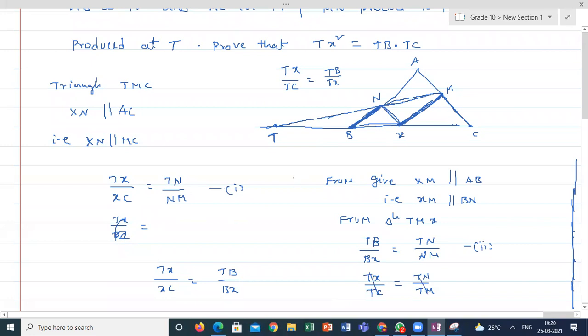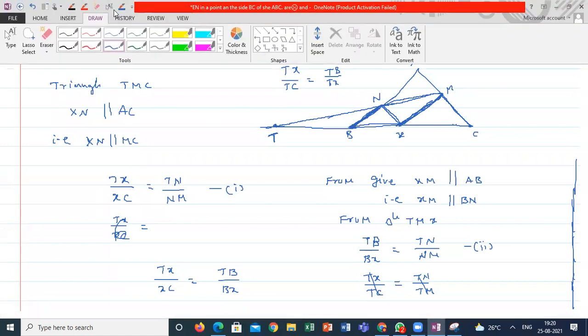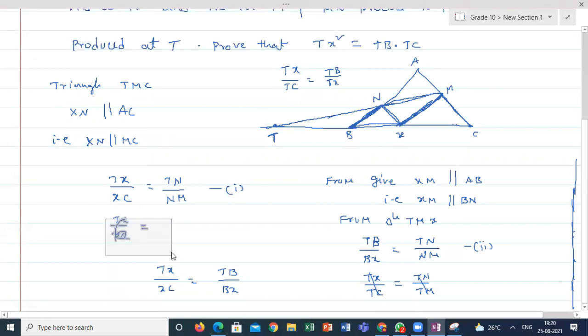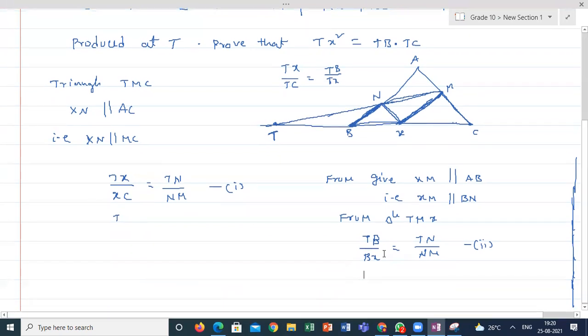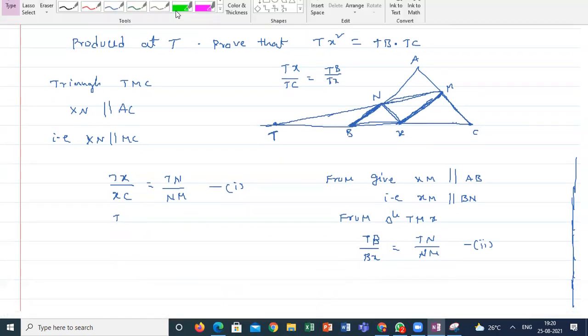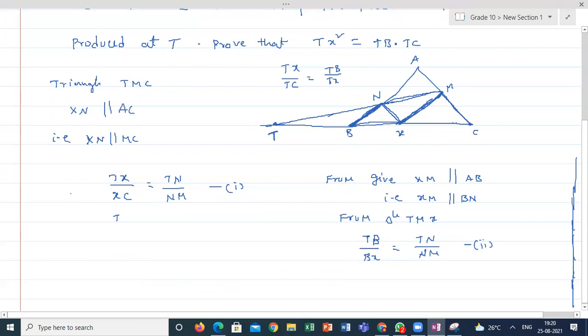From triangle TMC, using the corollary of the basic proportionality theorem, if I apply it here, what will I get?